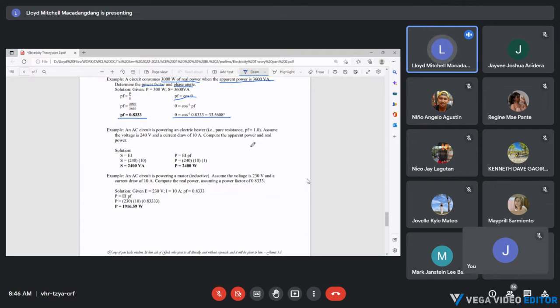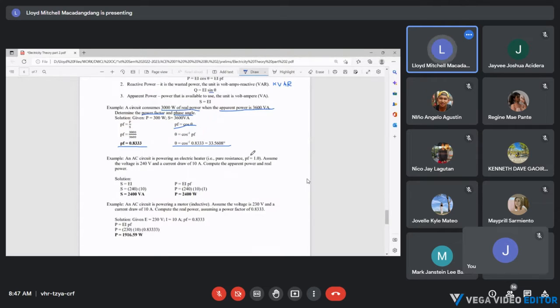Compute the apparent power and the real power. So yan, given si power factor, walang phase angle. So kunin daw si ito and ito, apparent power and real power.